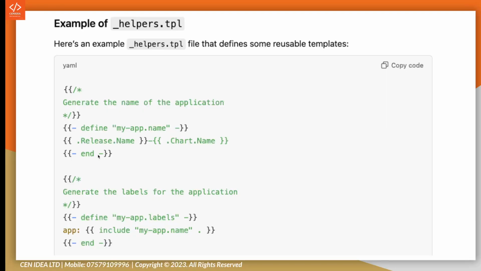In this case, you can make a comment and say, generate the name of the application. Here you use the word define, with a hyphen within the Jinja-style template delimiters. Here we're creating a function. Define, this is the function name, my-app.name.